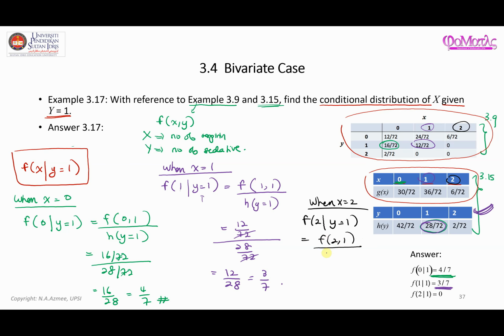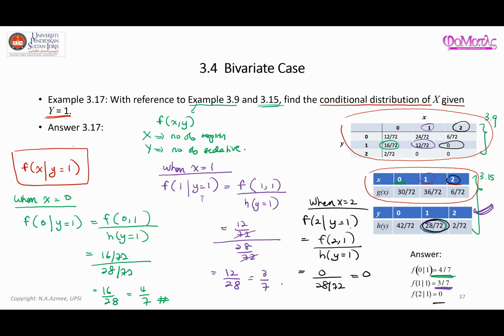At the bottom part, we will supply the marginal distribution of y when y is equal to 1. When we look at this table right here, 2 and 1 refers to this value, so that is 0. The marginal distribution for y equals to 1 is 28 over 72, and therefore the final answer for this one is equal to 0.